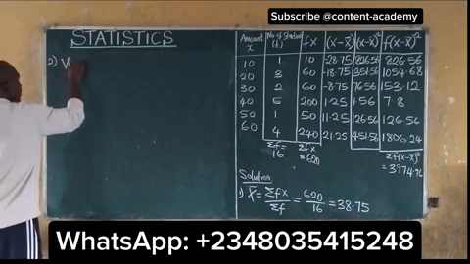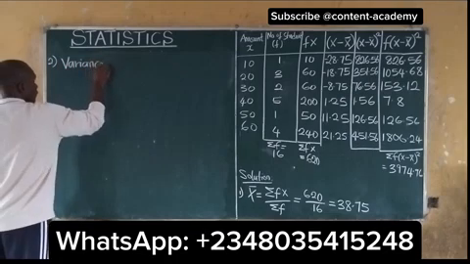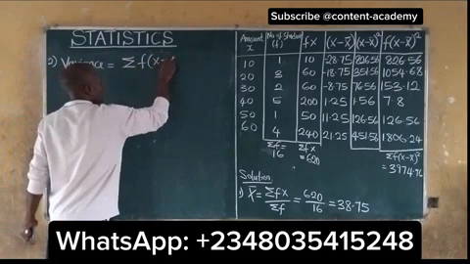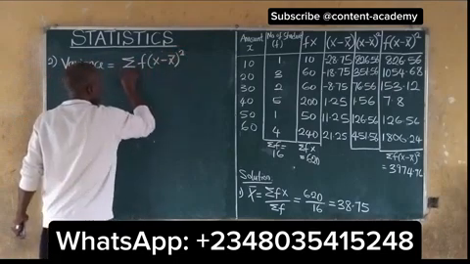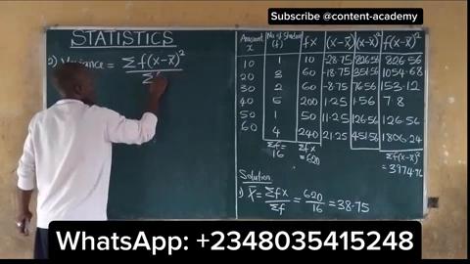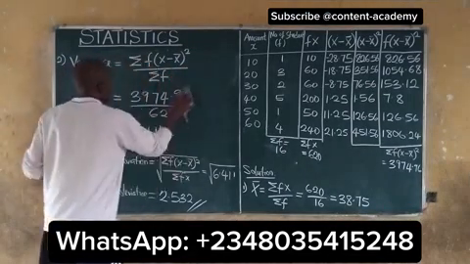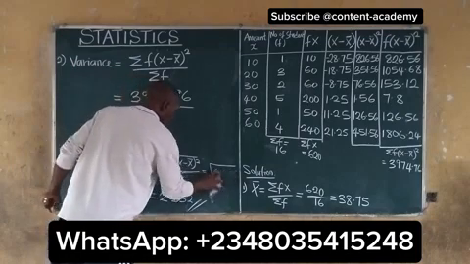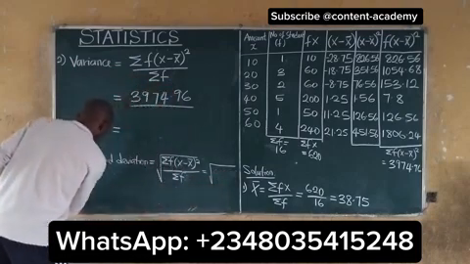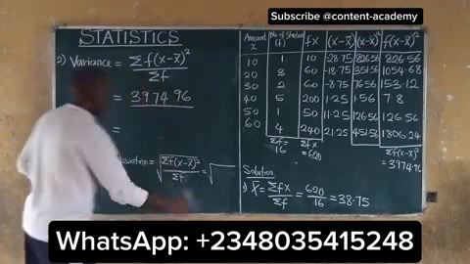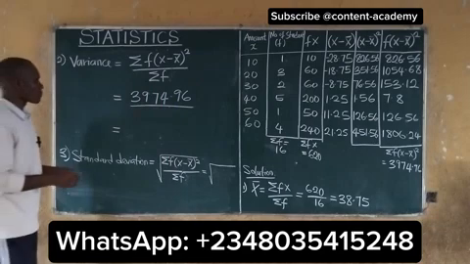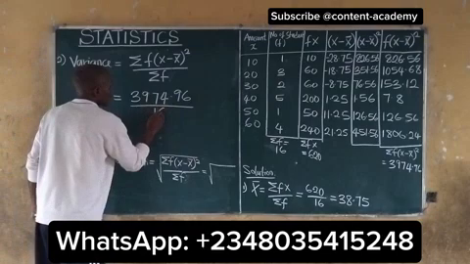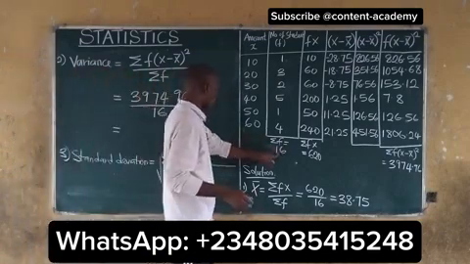The variance, as we have written before, is equal to the summation of f of x minus x bar raised to the power of 2 divided by summation of f. That is, summation of f is 16.